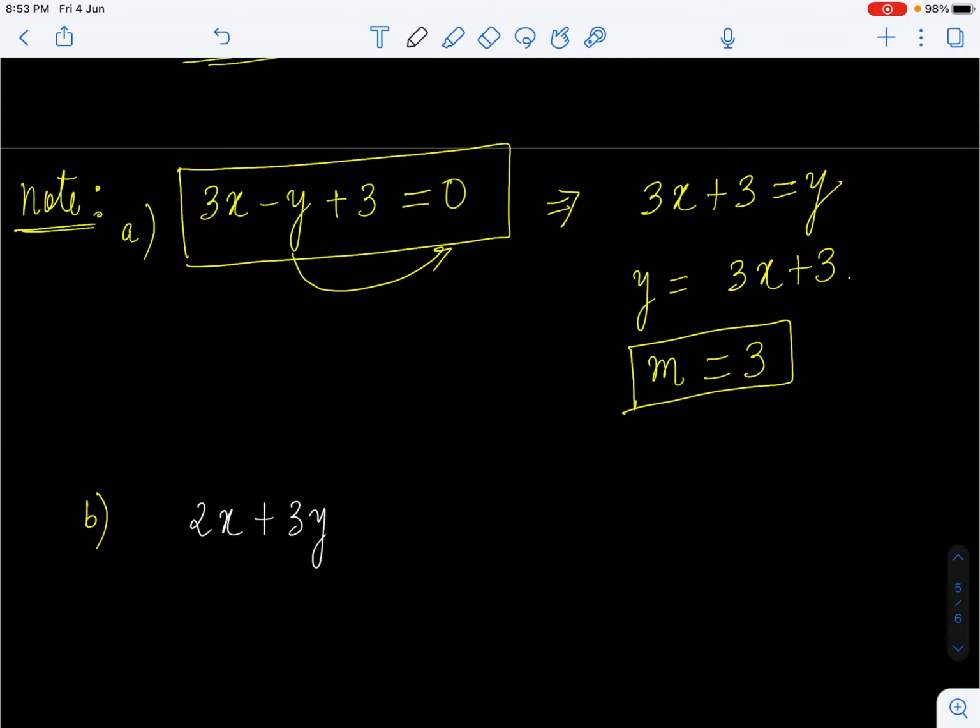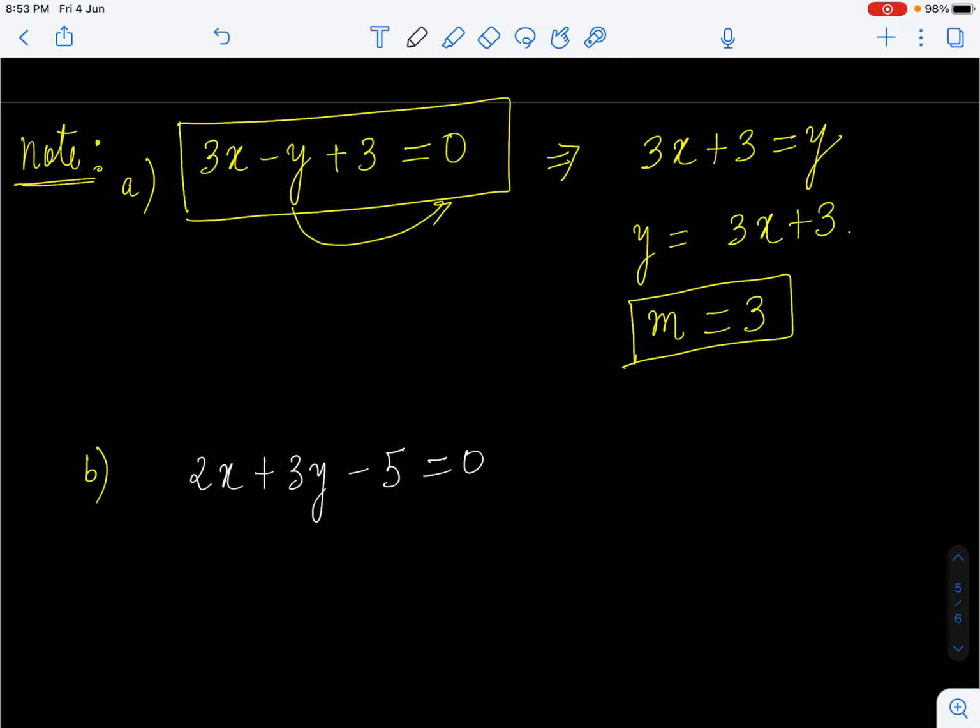Sometimes they can give you something like this: 2x plus 3y minus 5 equals 0. You have to find the gradient. So you will rearrange the terms to find y. We keep the y term as it is, and take the rest of the terms, that is the x term and the constant term, to the right side. When you take terms from the left hand side to the right hand side, the sign changes. So this is plus 2x, so this becomes minus 2x.